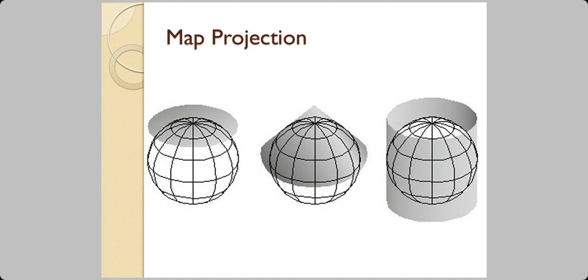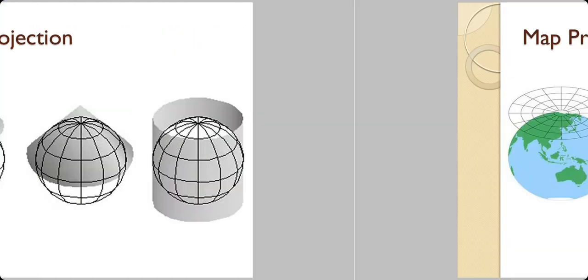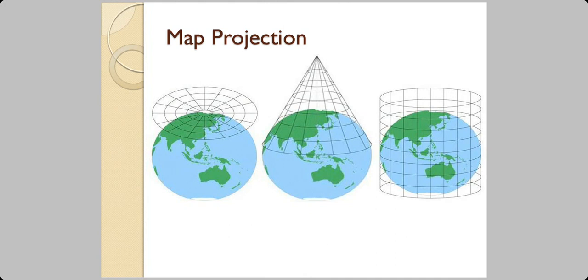We have the polar projection, we have the conical projection, then we have the cylindrical projection. Just imagine that you have a ball which is painted with the colors of the map and the paint is still wet.